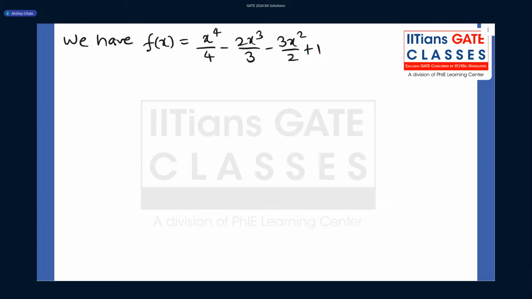Taking the first order derivative, that will be x cube, because 4x cubed by 4 will get cancelled. Here also it will be 2x square because 3 will get cancelled. Here also it will be 3x and 1 will go to 0.